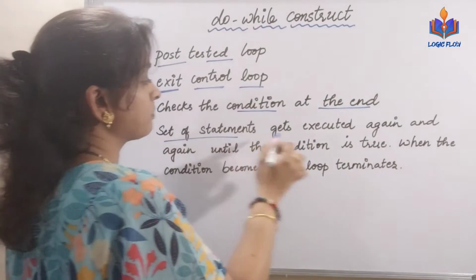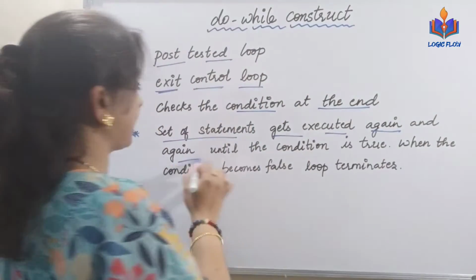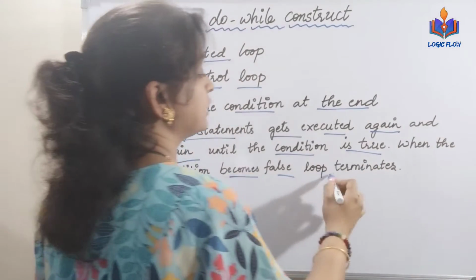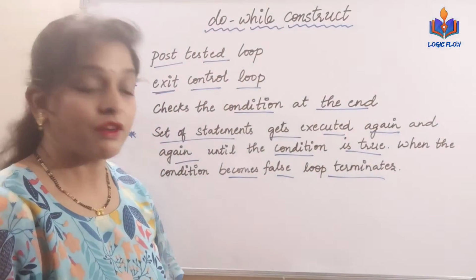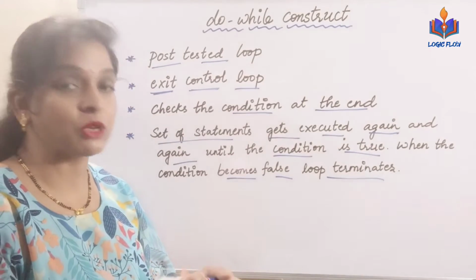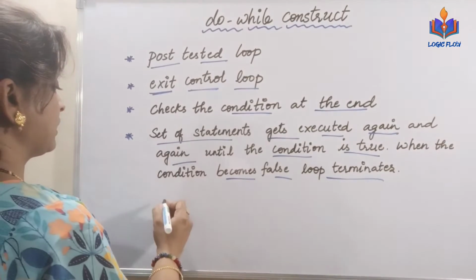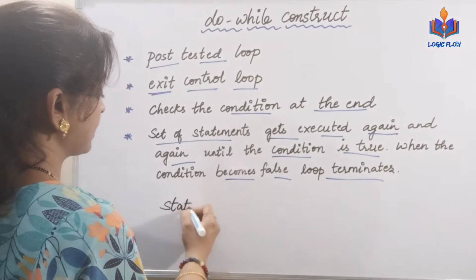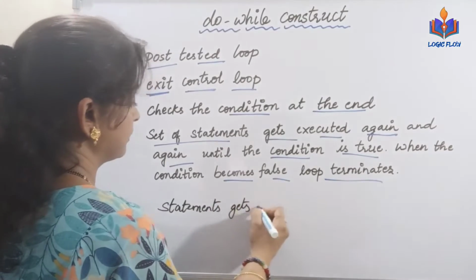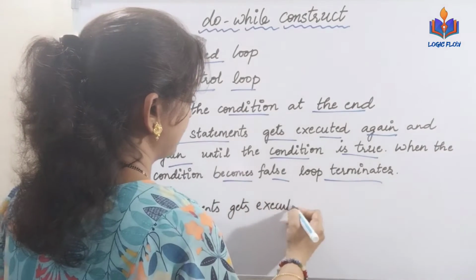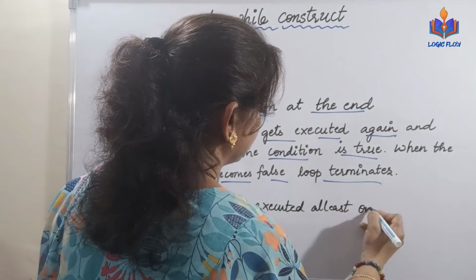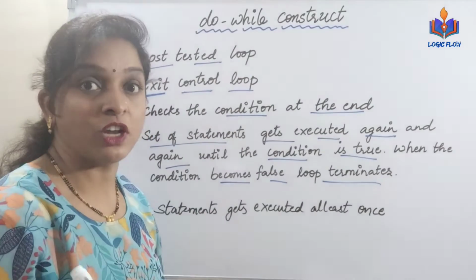The set of statements gets executed again and again until the condition is true. When the condition becomes false, the loop terminates. One extra point to say here is that the statements get executed at least once, even if the condition is false the first time itself.